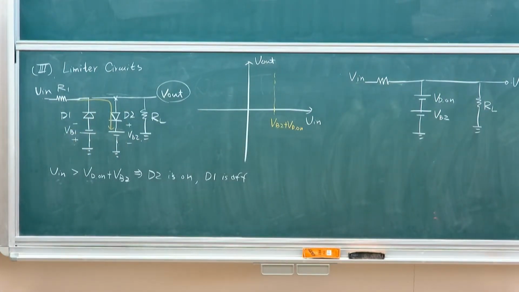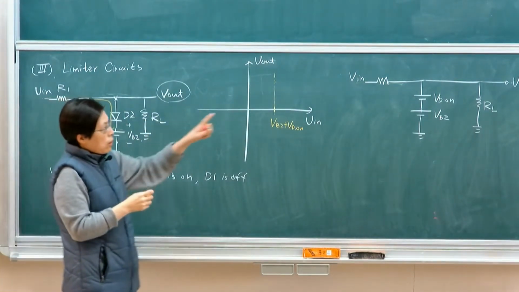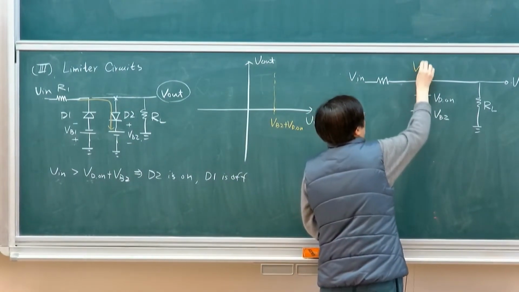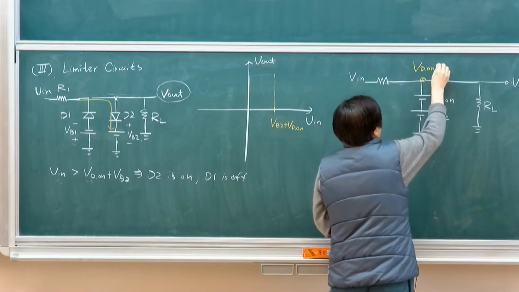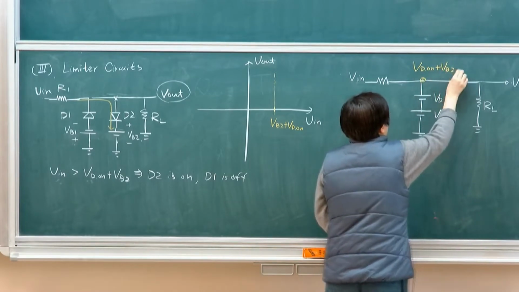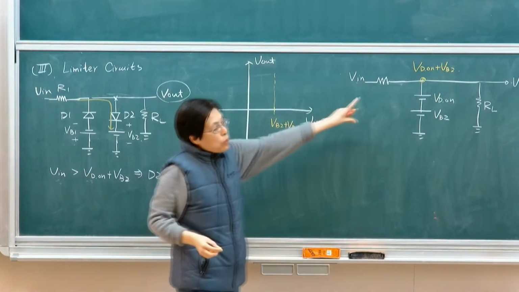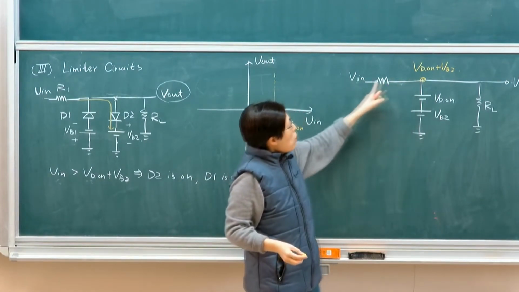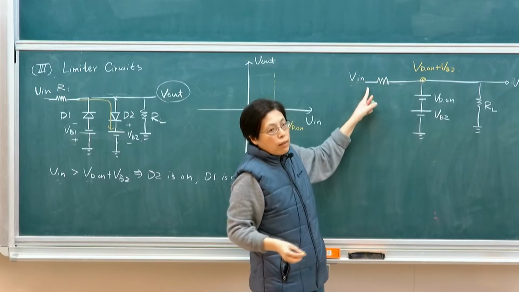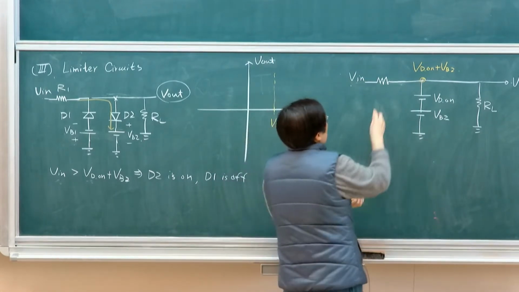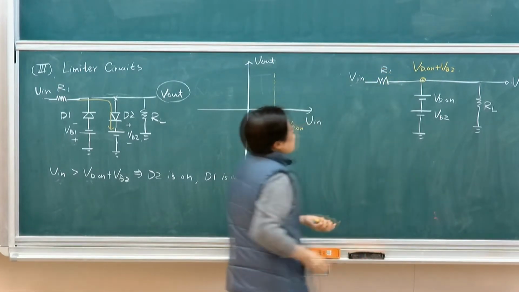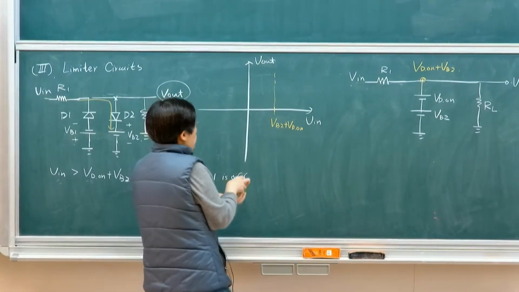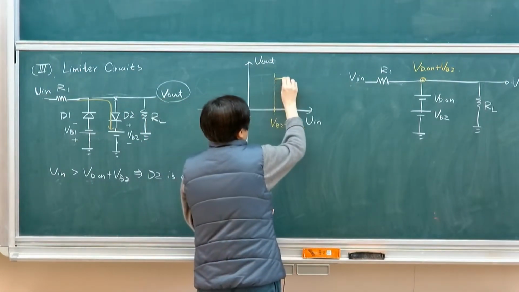So if this is the case, if you look at the circuit, this will be clamped at a voltage of VD on plus VB2. Right? Because the voltage source would then set this voltage to this level, so whatever voltage drop is here would then be sustained on this resistor. So this will then allow you to draw that it will be clamped.